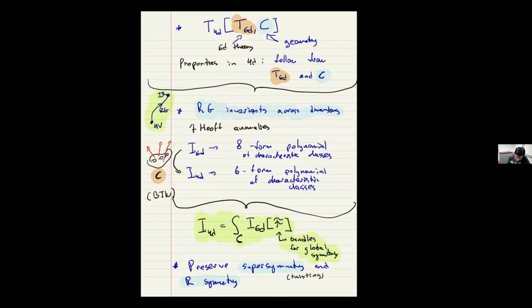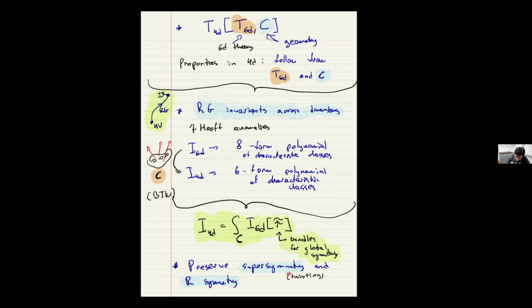Okay. The meaning of preserving supersymmetry is as follows. If you put your 6-dimensional theory on a Riemann surface, on a higher genus Riemann surface, it's a curved background. And because it's a curved background, naively you break all the supersymmetry. Okay? So you need to do something so that some supersymmetry will be preserved.